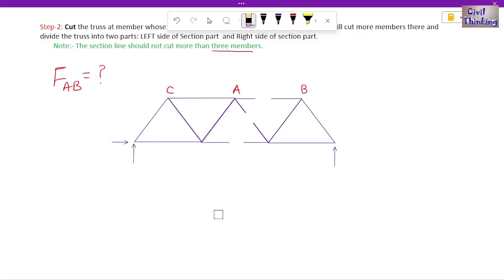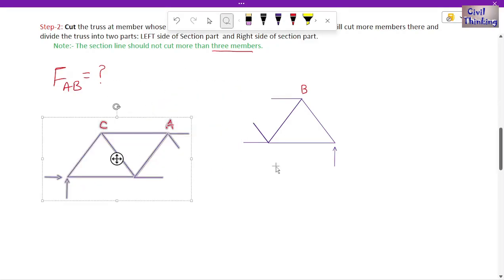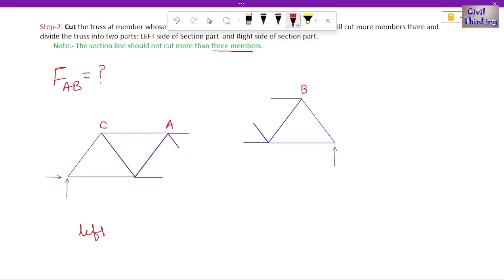Now what we have is two parts of this truss, right? Like this and this. Now this is the left part and this is the right part.